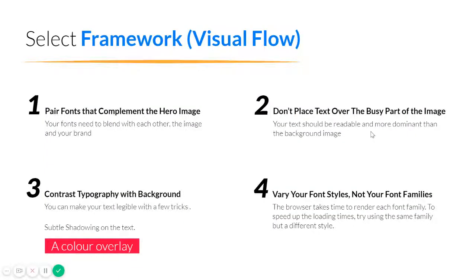So, a few tips for the visual framework. Try to pair the fonts that complement the hero image. By this I mean the image in the background. So your font needs to blend with each other, the image and your brand. There are several kinds of images available, but we need to stick to very specific kinds of images that actually make sense.